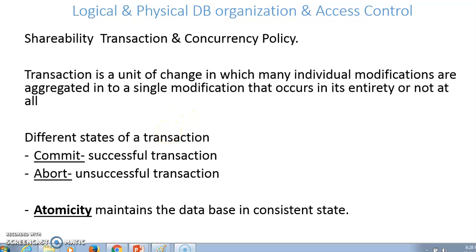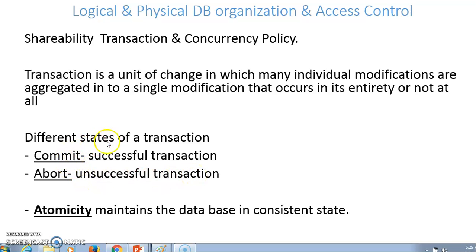So all these modifications in your database are called a single transaction. If everything goes well, that is called a successful transaction. If in between something is not correct, if the withdrawal is not happening due to insufficient funds in the bank or in the ATM machine, then it is called an unsuccessful transaction.